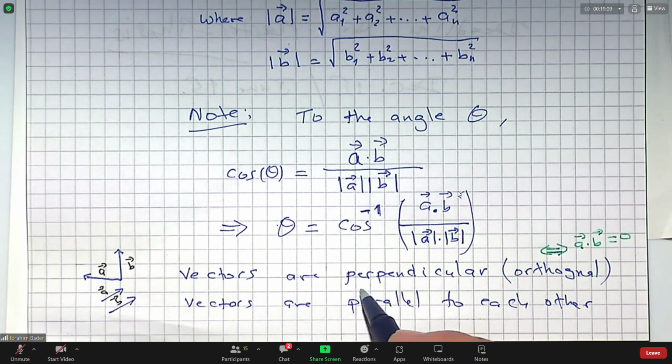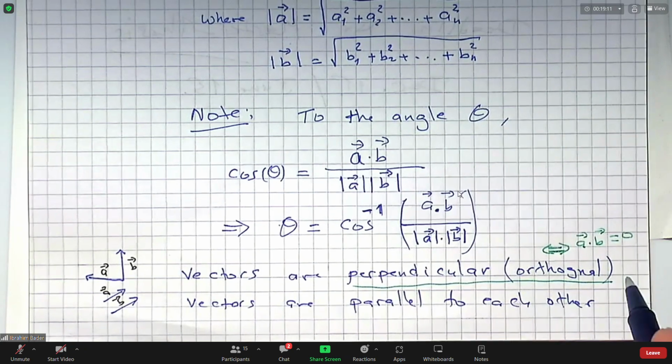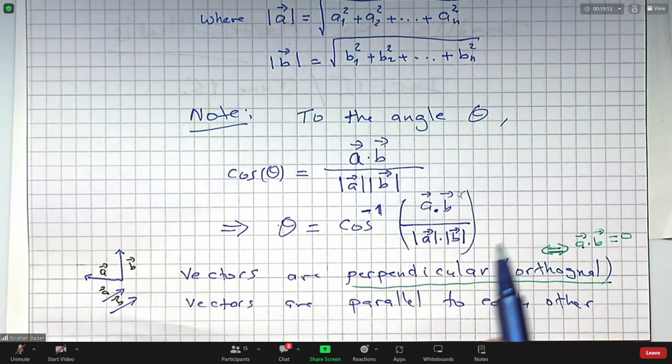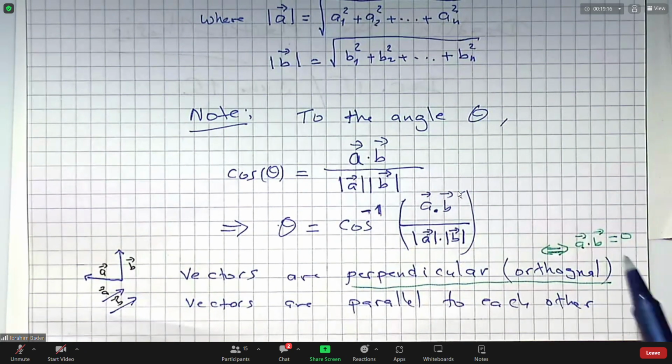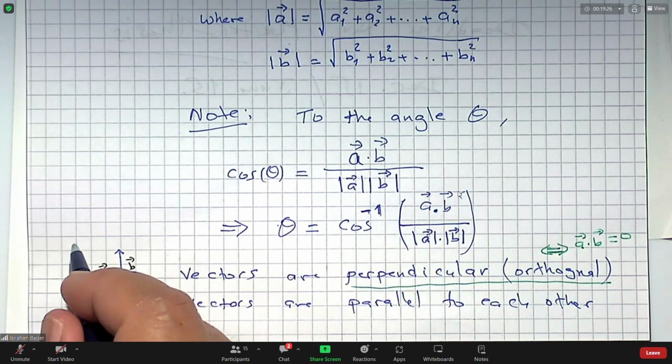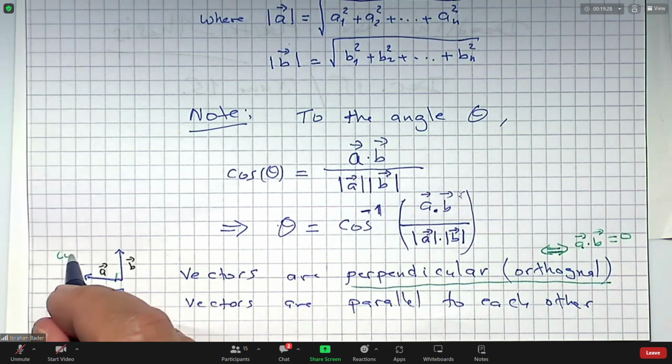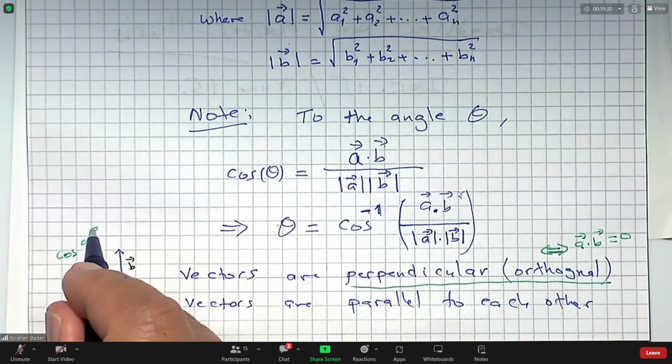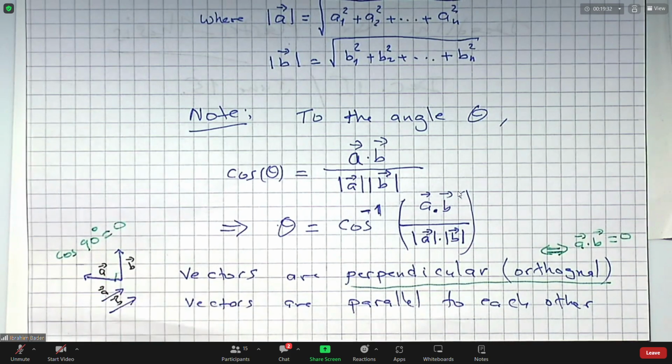So whenever you are trying to check whether two vectors are perpendicular, it's enough to check whether the dot product is 0, okay? Is it clear? Because this is 90 degrees, or pi over 2, and cosine of it is equal to 0.